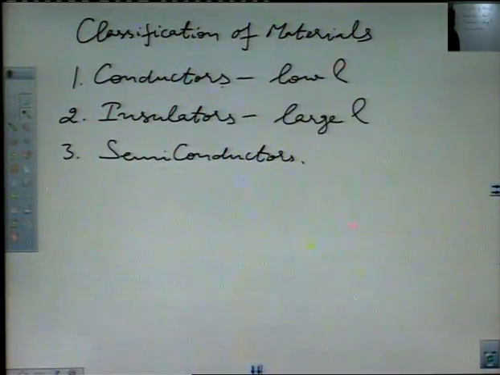In certain other conditions, they behave like conductors. So, they are in between conductors and insulators. So, this is the classification of materials depending upon the resistance of the material. Next, we will discuss about the 4th factor which affects the resistance, and that factor is temperature. So, we will discuss variation of resistance with temperature.